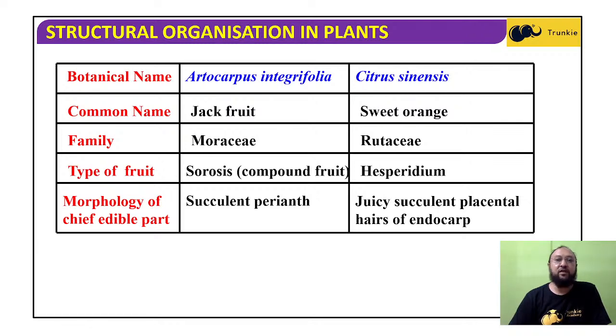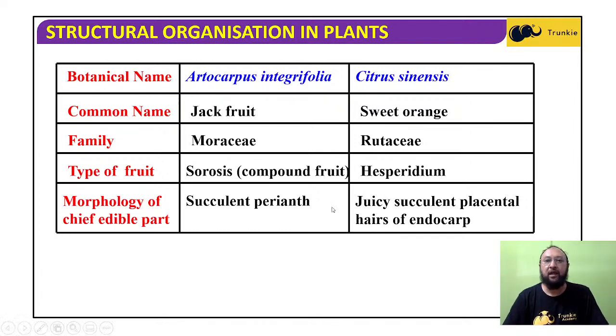Again this is also a composite fruit, like the pineapple, and it has a succulent perianth. I told you in yesterday's class while explaining the structure of the flower, when the petals and the sepals are fused together, so we are not able to differentiate between the sepals and the petals, that is called the perianth. So here the edible part is the succulent perianth.